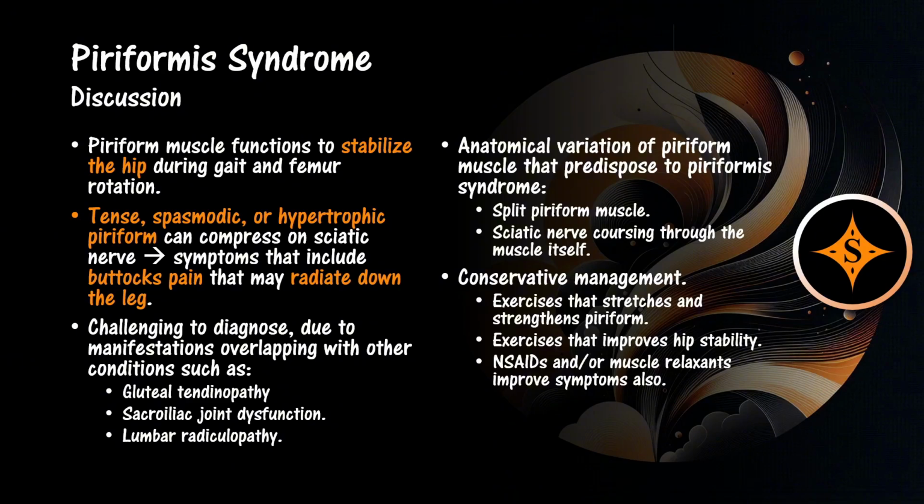Conservative management involves physical therapy that focuses on stretching and strengthening of the piriformis muscle, core stability, and hip stability, and analgesic or pain medications such as NSAIDs, non-steroidal anti-inflammatory drugs, and/or muscle relaxants. They have been proven to provide pain relief as well in this condition.